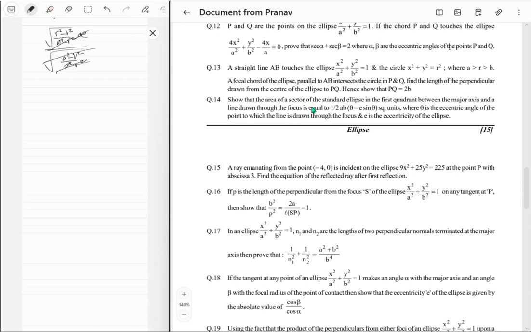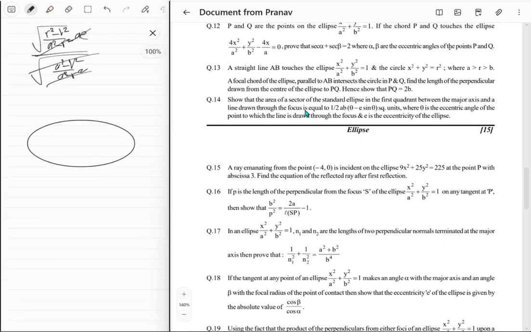Show that the area of the sector of a standard ellipse in the first quadrant between the major axis and a line drawn through the focus. What? You've got an ellipse, the area of the sector of the standard ellipse in the first quadrant. First quadrant, okay. The area of the sector between the major axis and a line drawn through the focus.